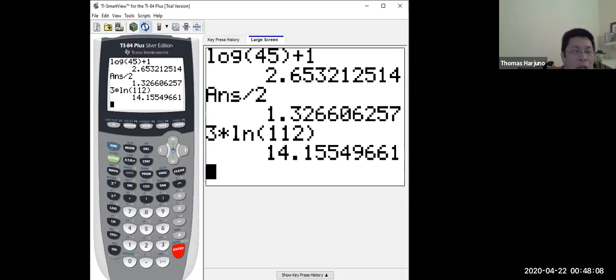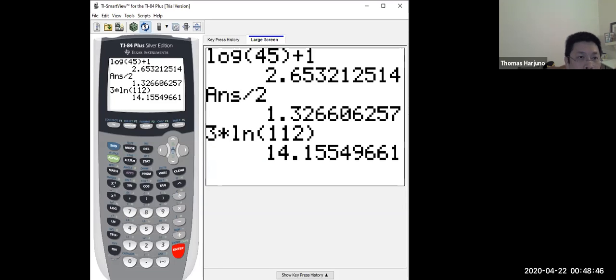If you use a TI-30, do you see an answer button there? Anybody using a TI-30 or 36? You usually see this answer button next to enter, but that's actually the second function, so I need to press second first. My square root is here.